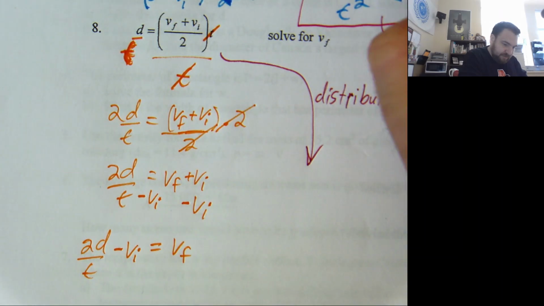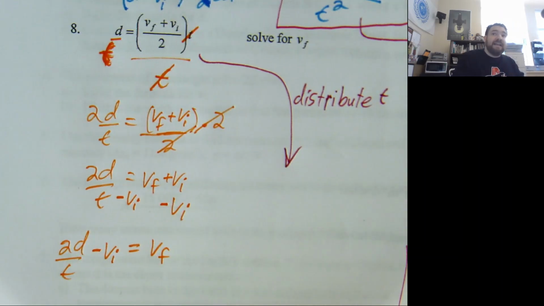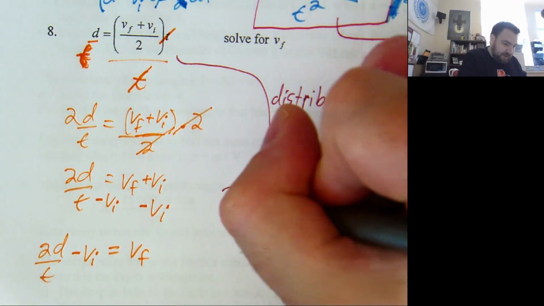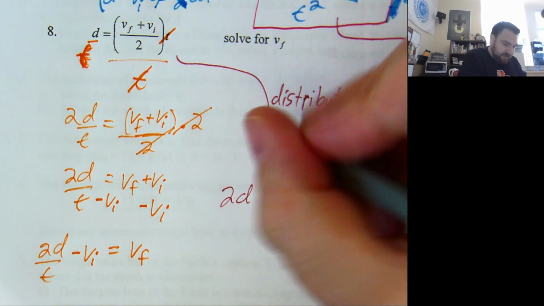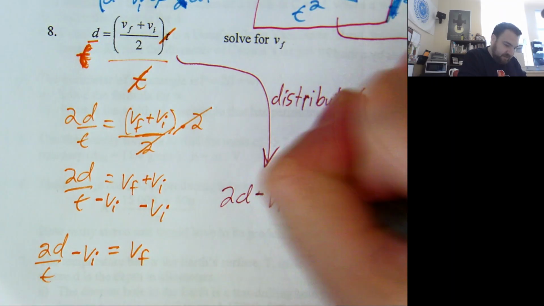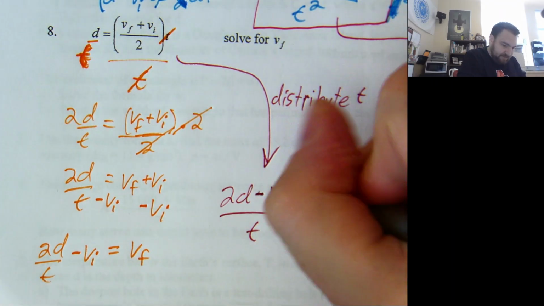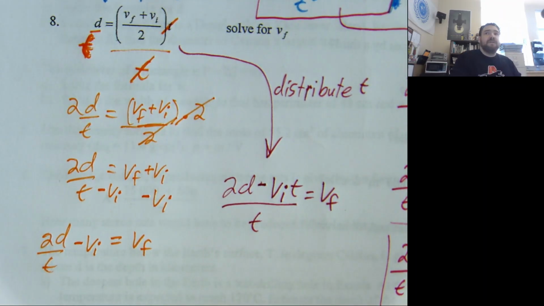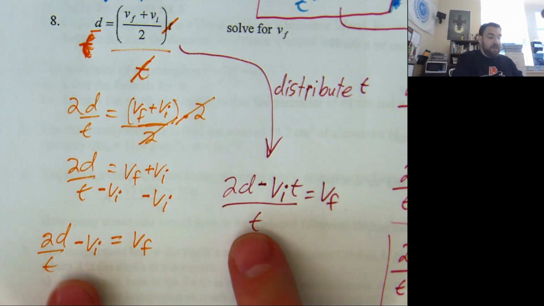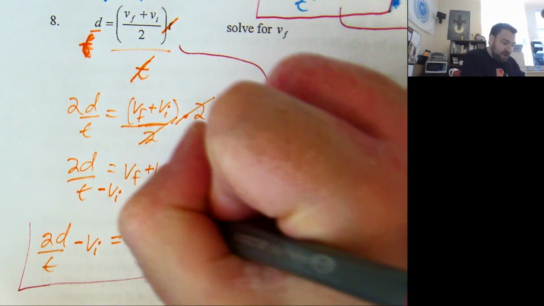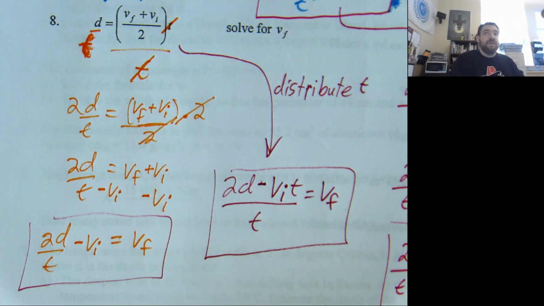If that had been the route we would have taken, what we would have ended up with was 2d minus vit all over t equals vf. So I don't know if you did it a different way. These are two equivalent expressions, and these are the two ways to go.